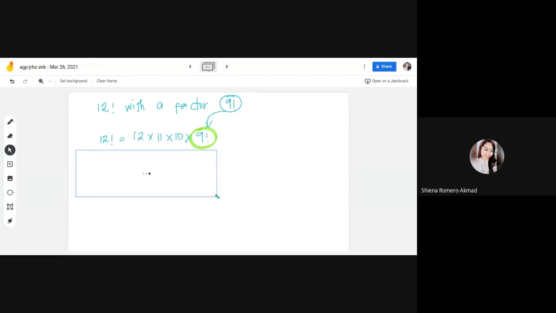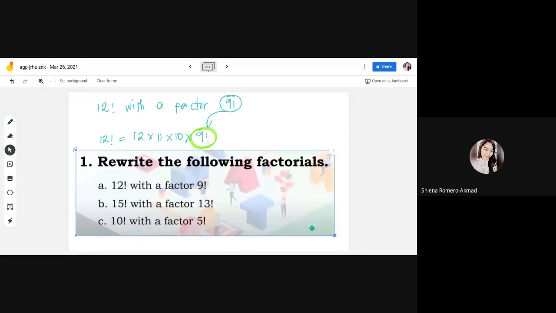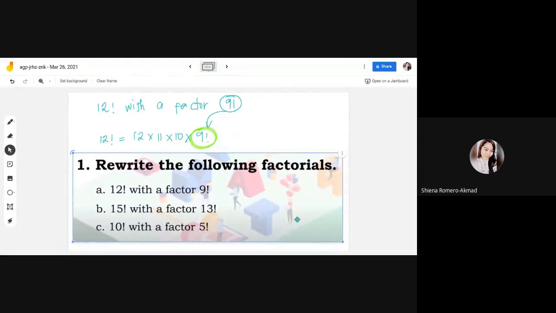Huwag mo kalimutan yung factorial, kasi 13 is different from 13 factorial. Naintindihan? Huwag nyo silang gagawing pareho.